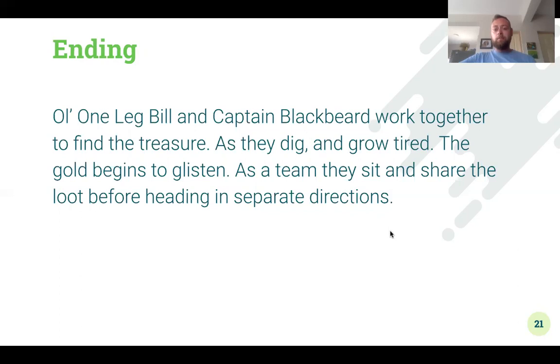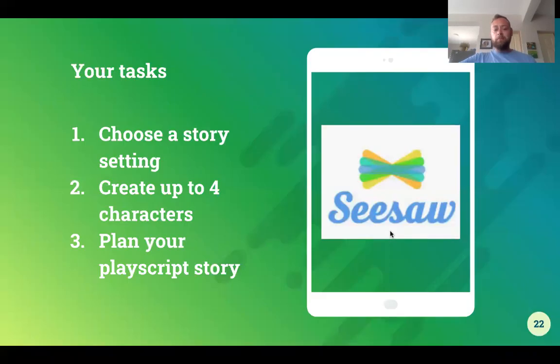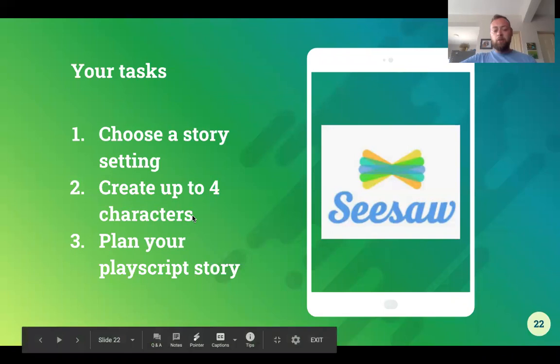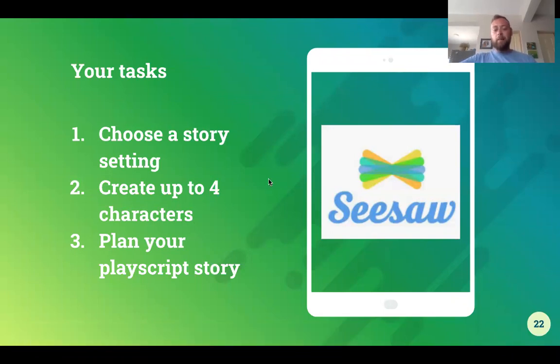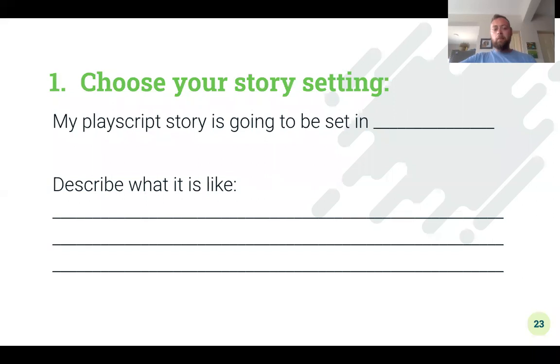Okay, so what you need to do. You on Seesaw need to go to add response, and I want you to choose your story setting. I want you to create up to 4 characters. I want you to plan your Playscript story. So you're going to have this template here. Number 1, choose your story setting.